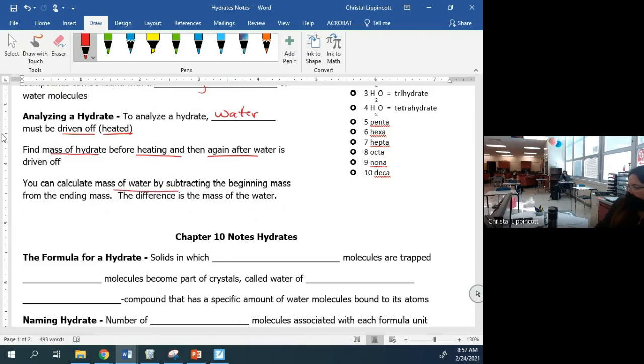So calculate the water by subtracting the beginning mass from the ending, and the difference is how much water there was. Okay? That make sense? All right, good. There you go.